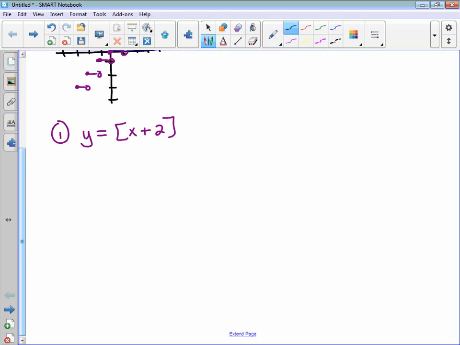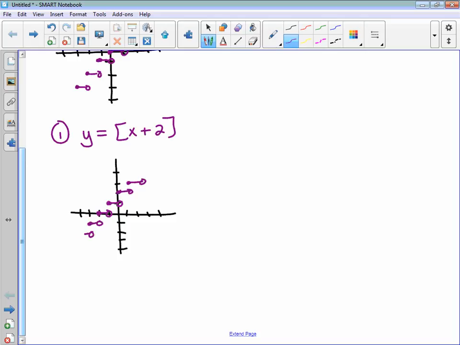What's going to happen with that? Where do we go? I heard mumbles. Left 2. Left 2, okay. So that point from 0, 0, just move it left 2. So that's sort of where I'm starting. And then you just step your way across the graph.